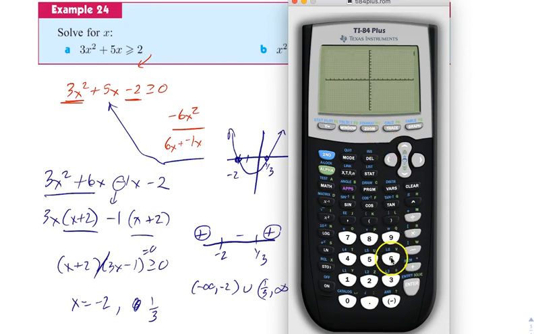I think I have that already, but just have a check. The graph looks like this and like that. The question is, when is 3x squared plus 5x greater than 2? Well, before, the parabola is greater than the 2, so it would have been negative infinity to negative 2. You can figure out the intersections by using your calculator. In the middle, the 2 is actually bigger than the parabola, so that's not it. And anything past here, the parabola is bigger than the line. So it would have been the exact same answer. So that's how you can do it in your calculator.